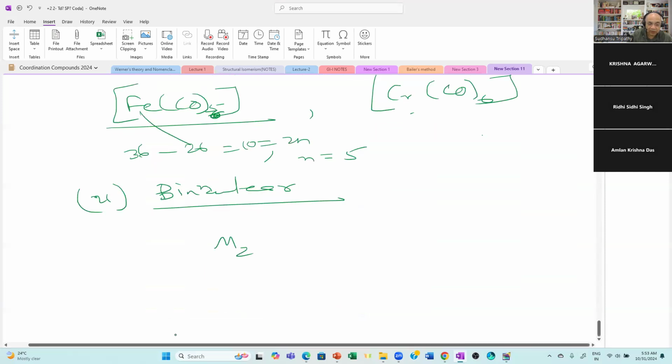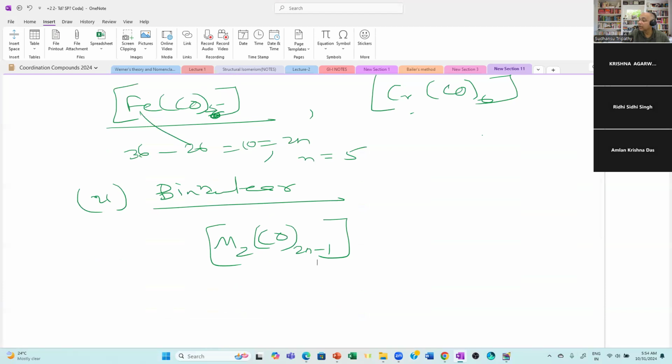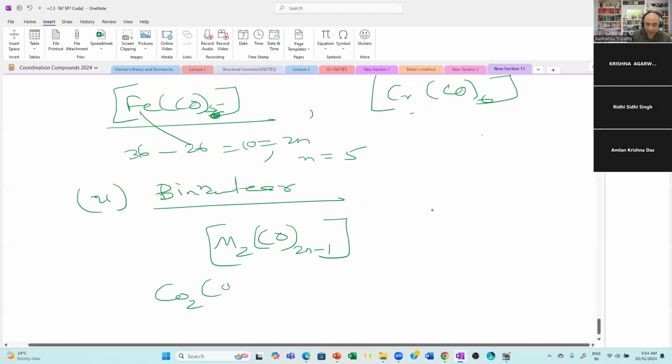M2(CO) whole 2n minus 1, right? Yes, sir. So the definition of 2n is the same. So cobalt can have 8 carbon monoxide. So 8 is equal to 2n minus 1, then 2n is equal to 9.